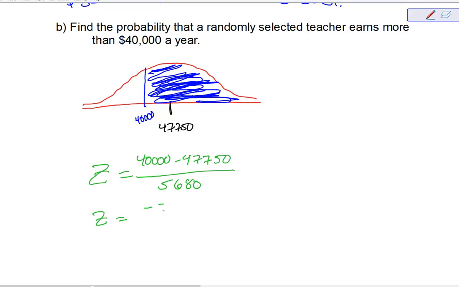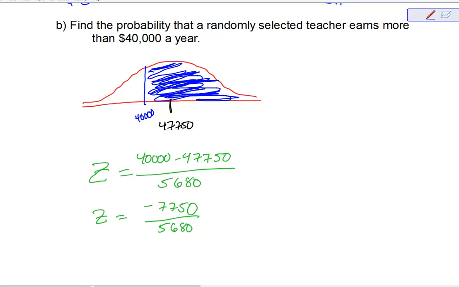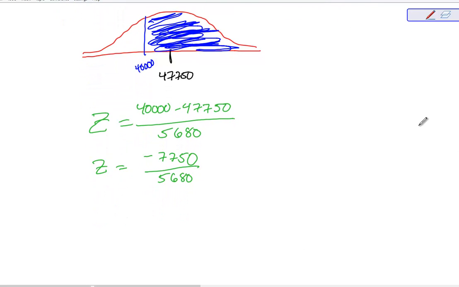I get a negative 7,750 divided by 5,680. And when I do that calculation, I get a rounded number of negative 1.36.